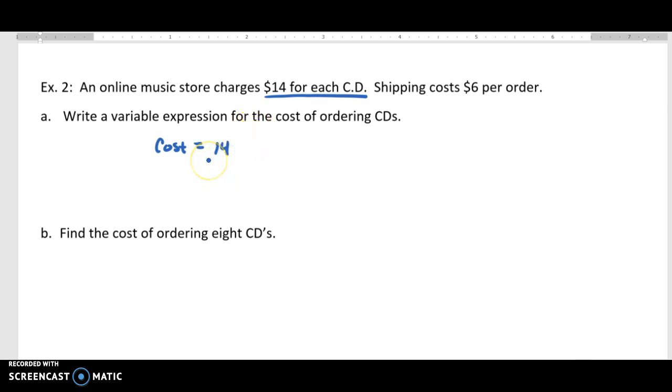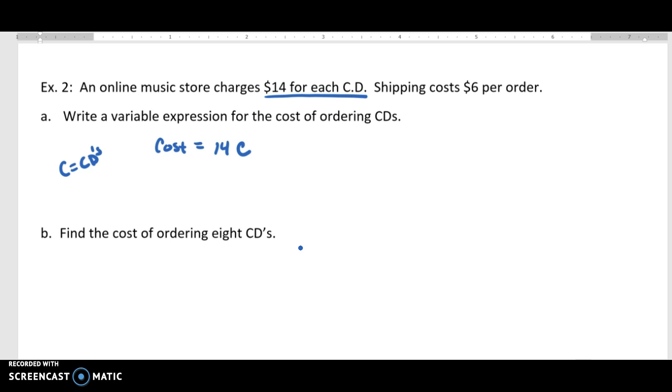Now, if it's $14 each CD, say I bought 10 CDs, how much would that cost me? Quickest way to figure that out would be to do 14 times 10. But if we don't know the number of CDs, we would say 14 times C, where C represents the number of CDs. But then it says $6 per order for shipping.